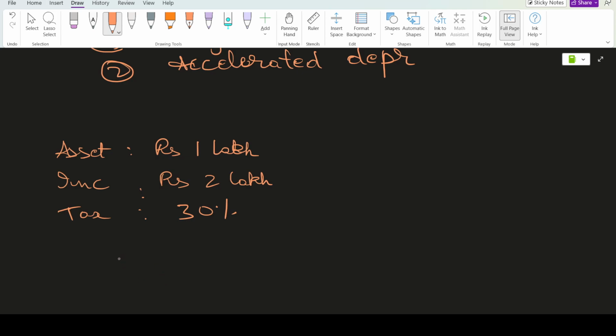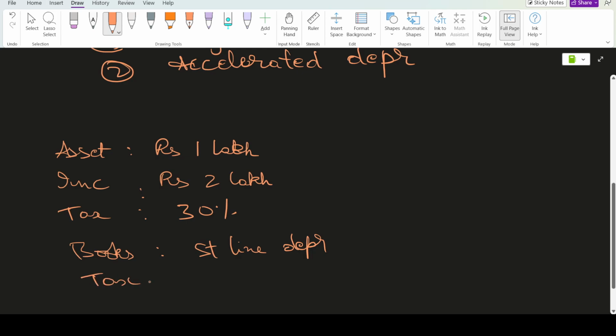For books we are doing straight line depreciation, and for tax purposes we are doing accelerated depreciation.